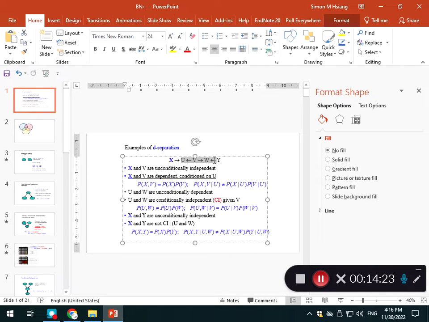Okay? And finally, U and W are conditionally independent if I can take the information V out. So given V, this part is typically the hot and sour soup example, right? Once I have V, they become conditionally independent.